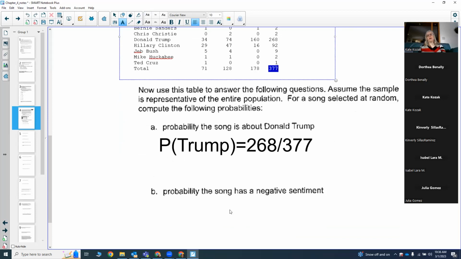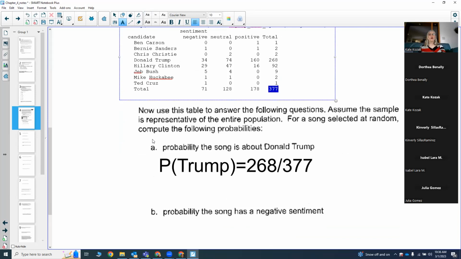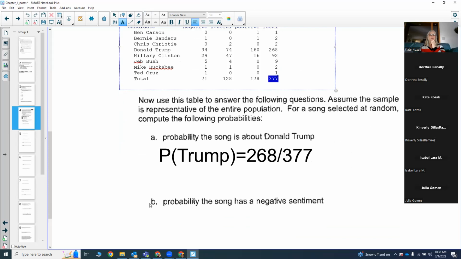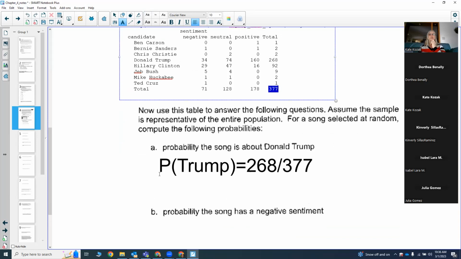So what's the probability the song has a negative sentiment? So you tell me, what was the probability that has a negative sentiment? You can either put in the chat or just unmute and tell me. 74?